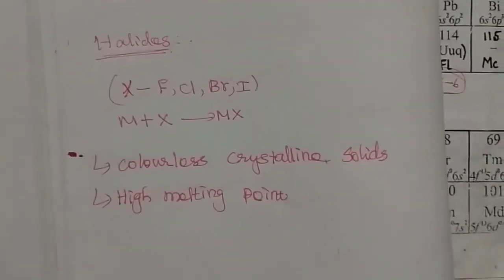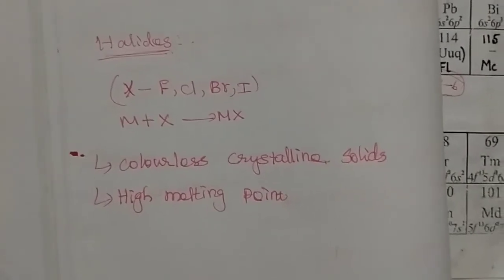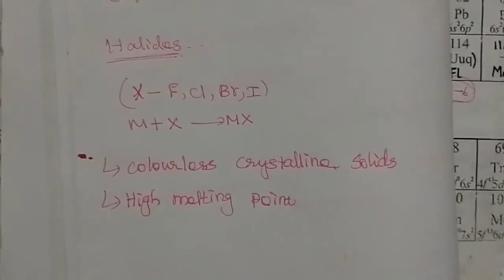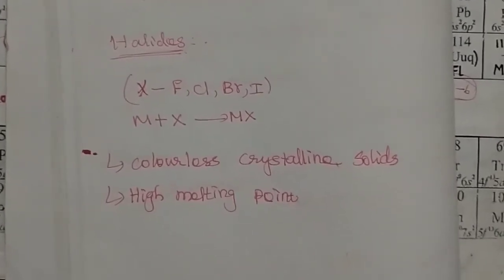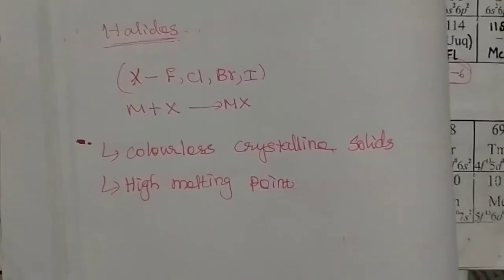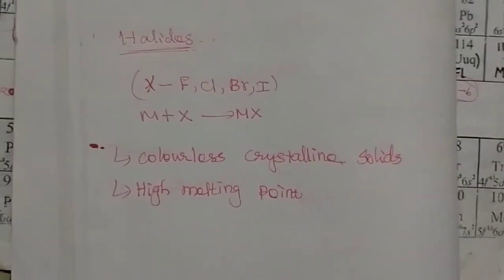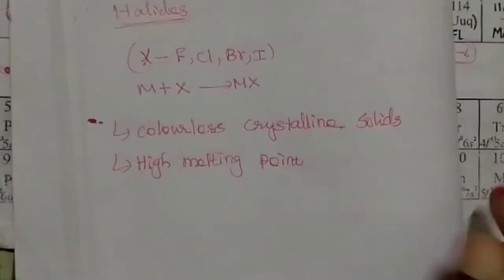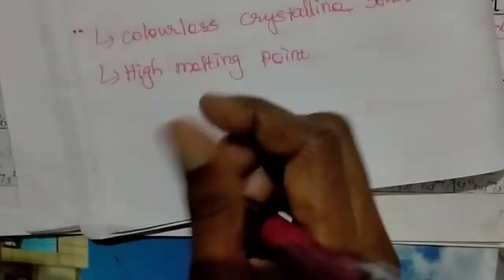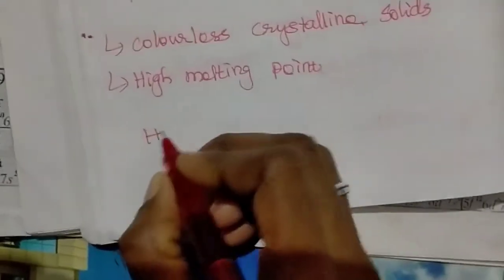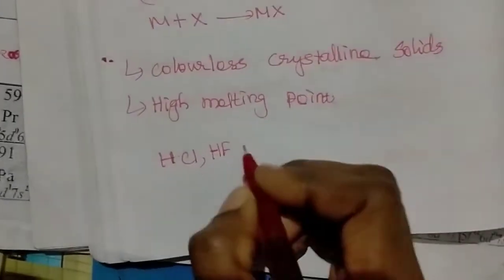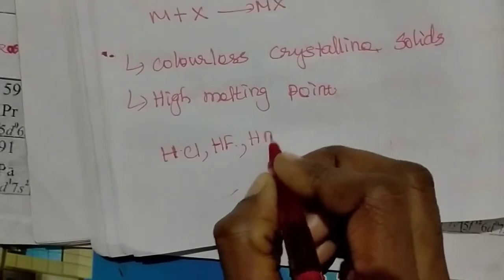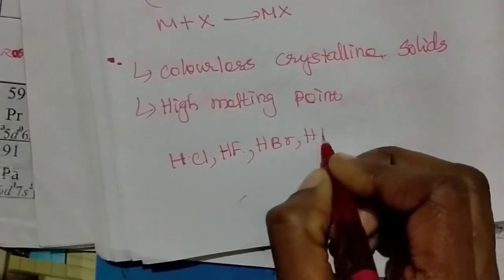These alkali halides are prepared by the reaction of oxides, hydroxides or carbonates of the alkali metals with the hydrohalic acid. Hydrohalic acid means hydrogen combined with the halogen, that means hydrochloric acid, hydrogen fluoride, hydrogen bromide, hydrogen iodide.